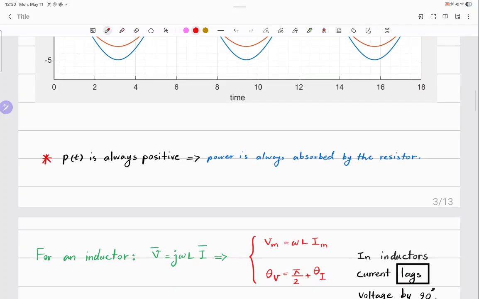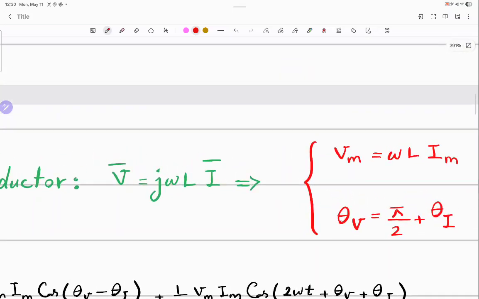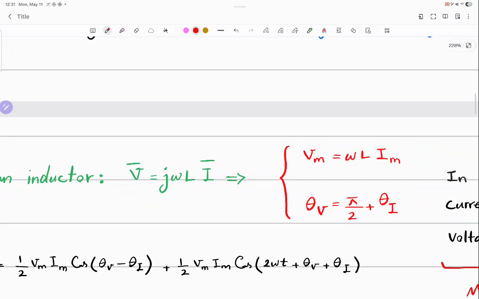Let's do the same for an inductor. Again, the phasor equation, V bar is equal to j omega L I bar. What is the name of j omega L? Impedance, right? Now, I can break that into 2 equations. Again, remember, what is V bar?